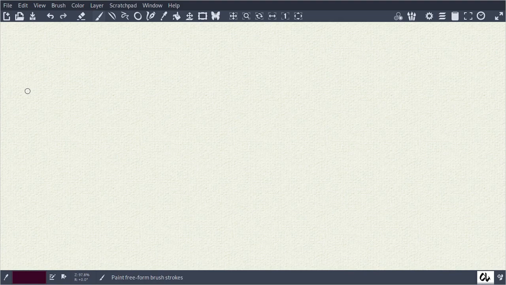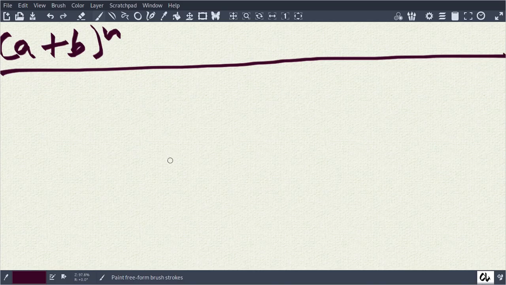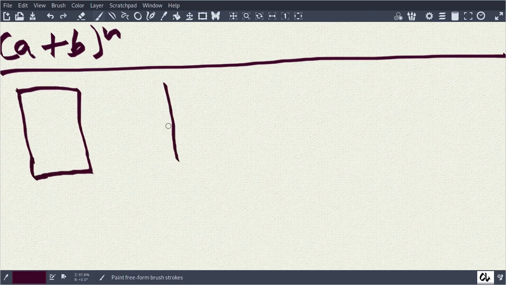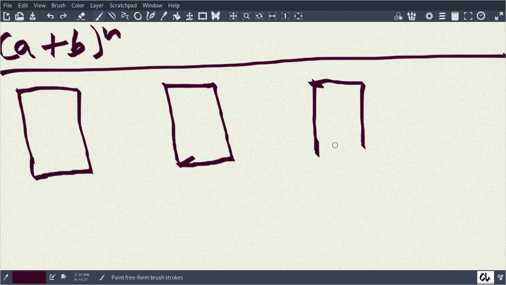So in the proof, now we're going to take a plus b raised to the n. Now we're going to make it a bit more abstract, and according to the definitions that we told earlier, we can reimagine this as if there are n boxes.